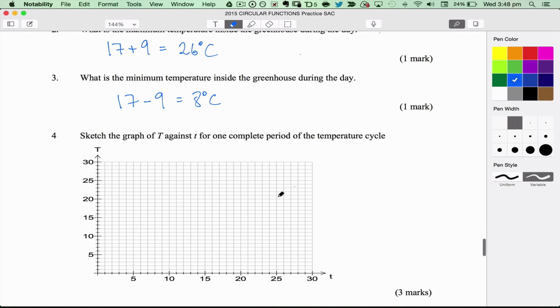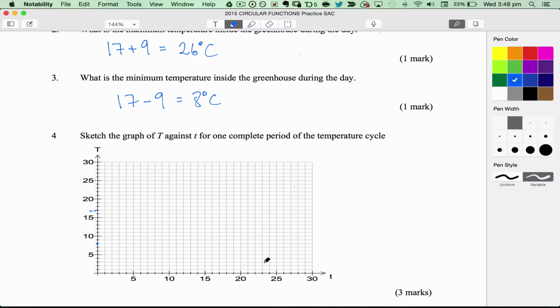Sketch the graph. So a cos graph, the average or the middle number is going to be at 17. I'll just put a dot there. It's going to start down here at 8 and go to 24.